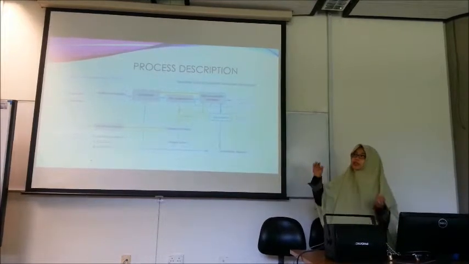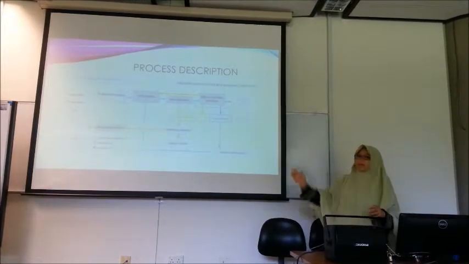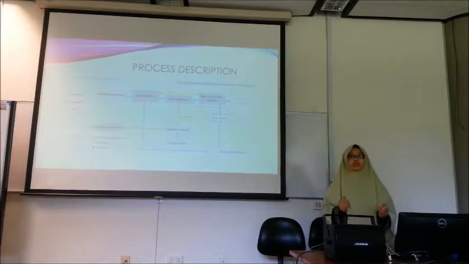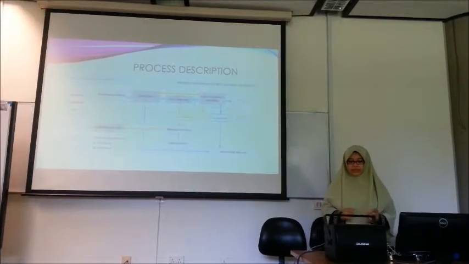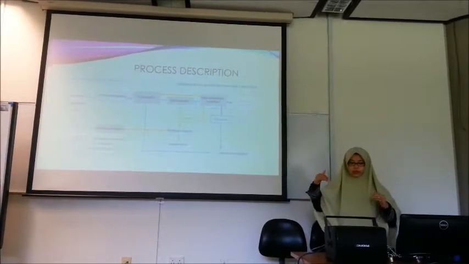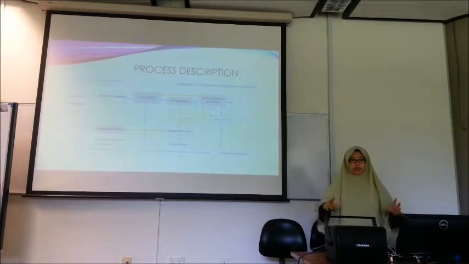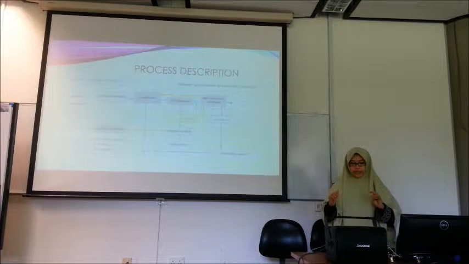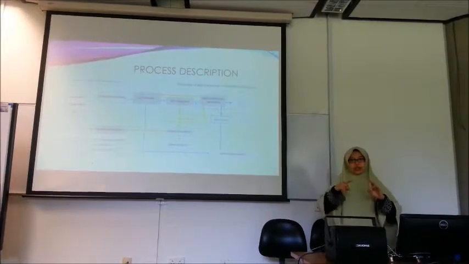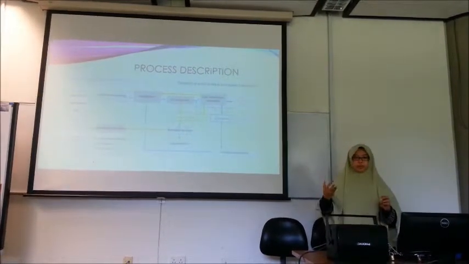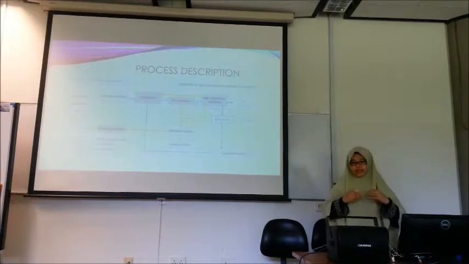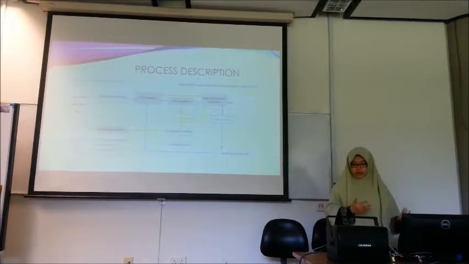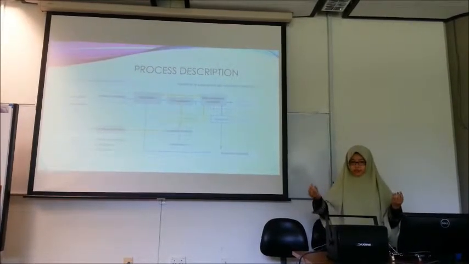And then the product will go to the pre-evaporator, where here we use a climbing film evaporator. At the climbing film evaporator, the product will be fed into a long tube where the tube will be heated by steam. And then the liquid inside will be boiled and vapor formed. So the evaporator actually removes the water and gives concentrated product.